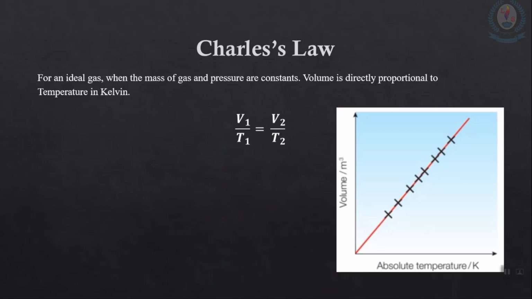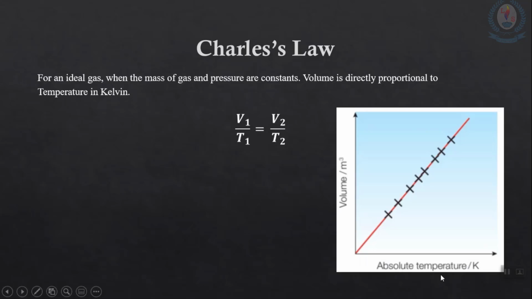Right. Charles's law. That is also something we can use for an ideal gas only. There we say the mass of the gas and the pressure of the gas remain constant. In such cases, volume is directly proportional to absolute temperature. Don't forget this one.